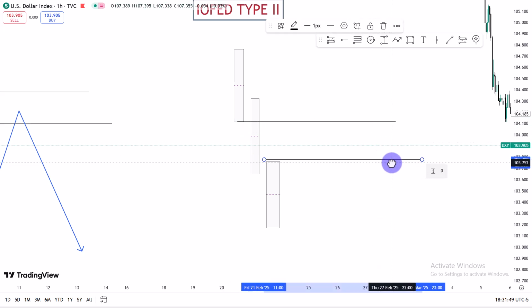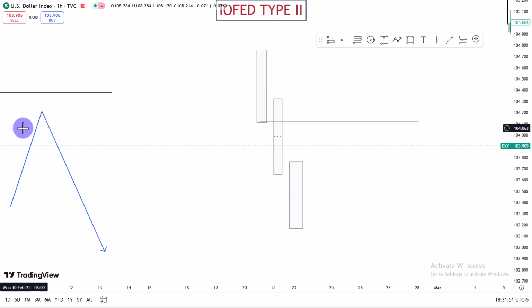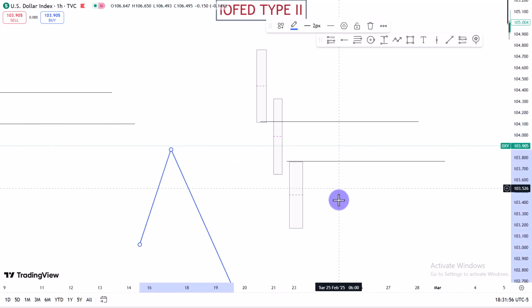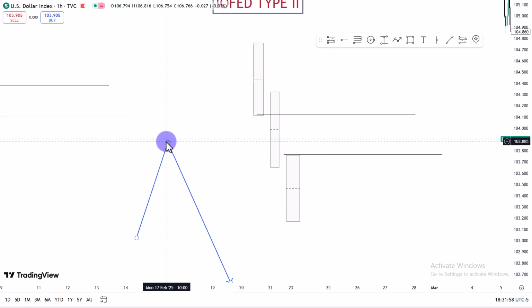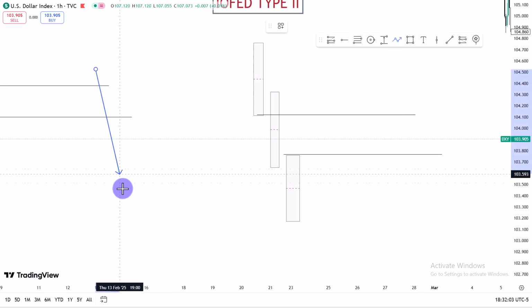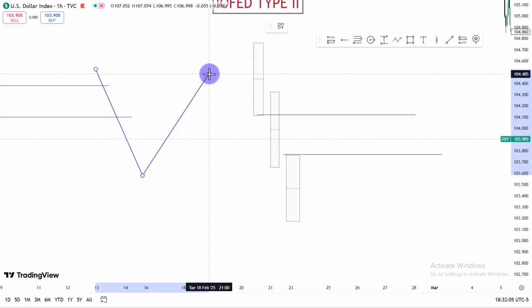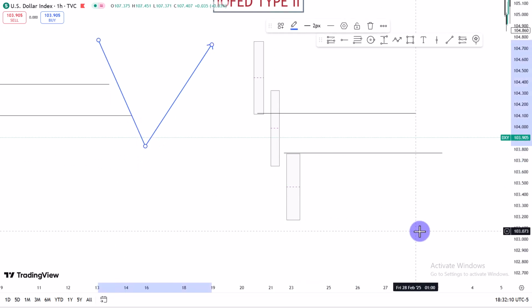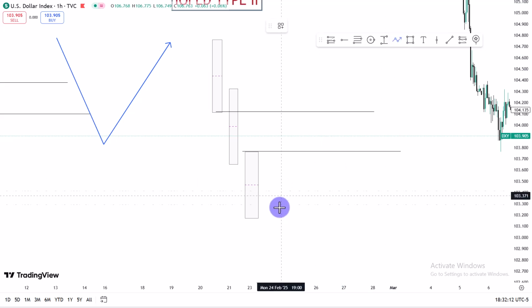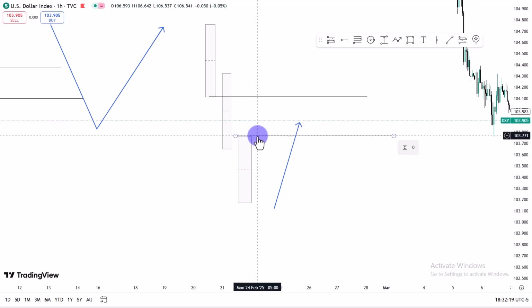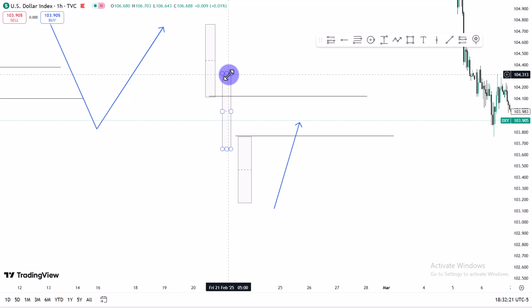That's a fair value gap, and we see that there's an underlying old high in between right there. Okay, or better put, we see an underlying old low in between, something like that. So as price action returns into that fair value gap, the criteria is fair value gap with an old low in between. That is IOFED type 2. We sell from the high of the fair value with our stop loss right there.